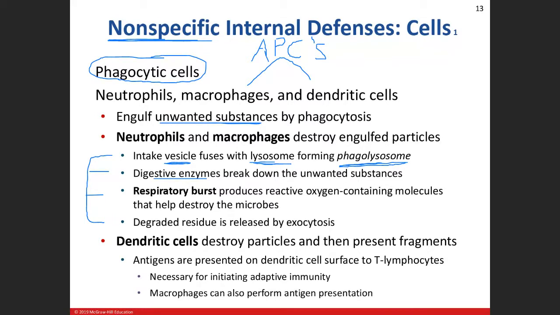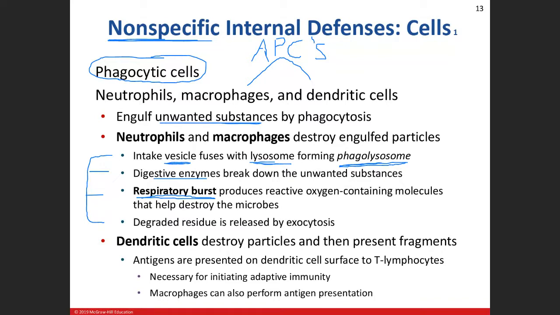But the important thing is, if we're dealing with a substance that is a pathogen, like a virus, then you'll see what's called the respiratory burst. The respiratory burst involves a molecule that has oxygen in it. Hydrogen peroxide is a perfect example. Hydrogen peroxide is a great cleaning agent, and you can actually disinfect wounds with it. Well, guess what?